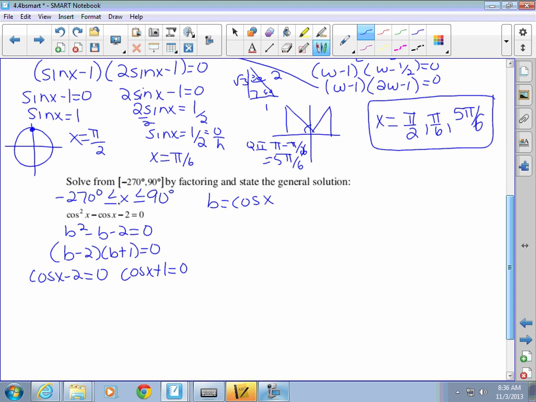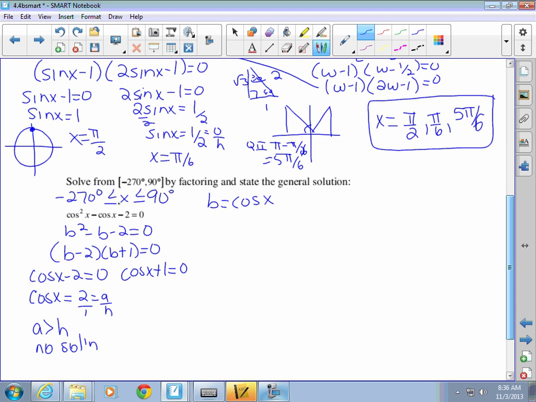So for the first one, cos x is equal to 2. Cos is the same as adjacent over hypotenuse, so 2 over 1. Again, this is a situation where my side is greater than my hypotenuse, so this one has no solution.